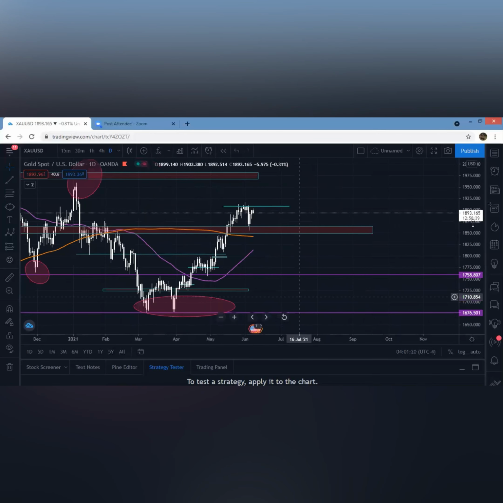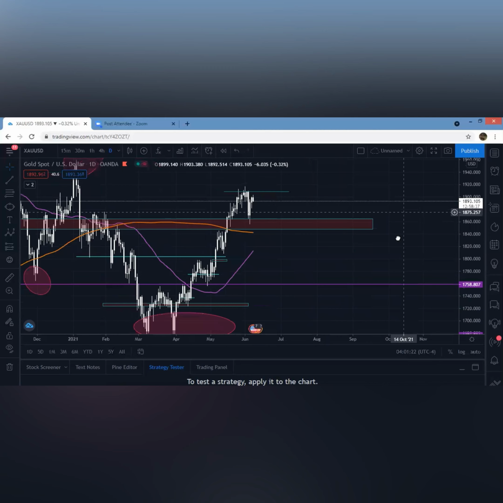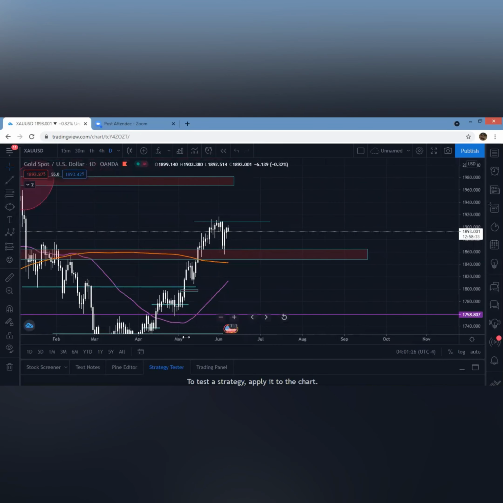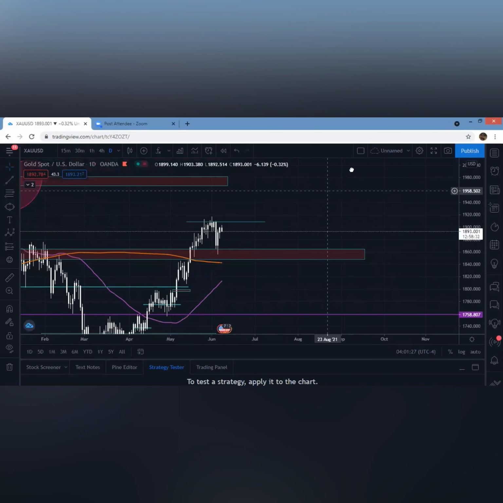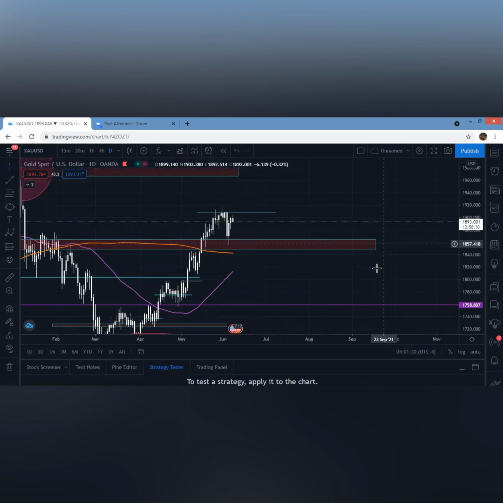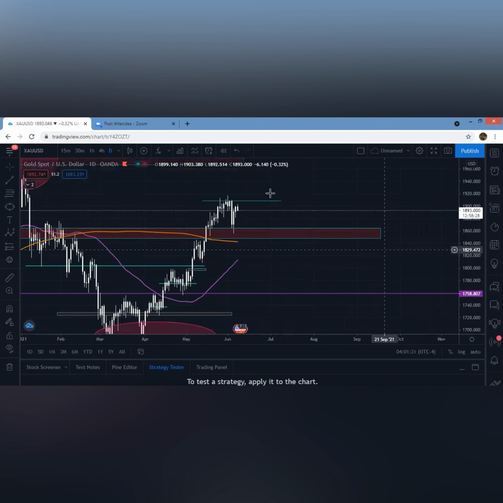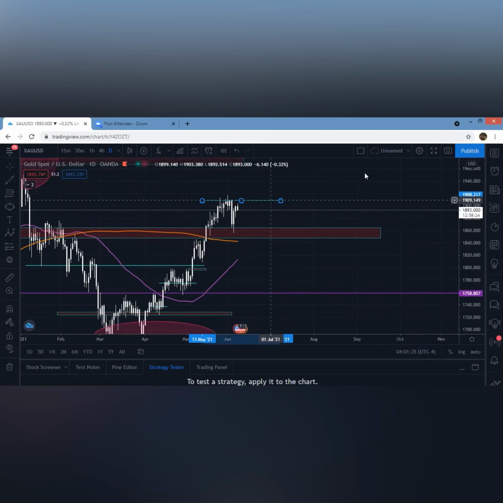So with that being said, I'm going to go in a little closer because I am in the daily chart. So this is like a bird's eye view of what is going on in a smaller increment of time. So let me move this line out of here. So currently, we're just going to be focusing on this particular area right here in the market.